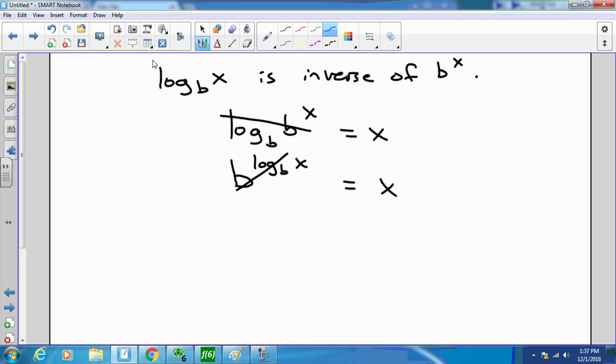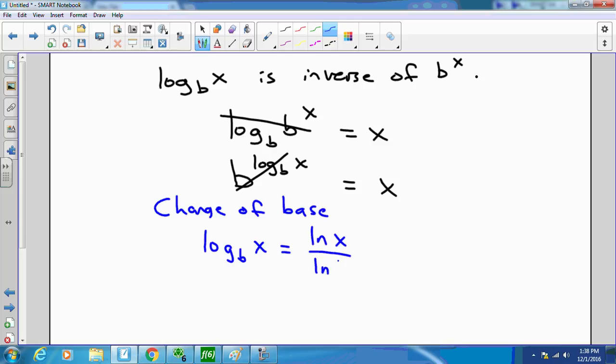But what I would like to do is actually cut to the heart of the matter and argue this: log base b is the inverse of b to the x, but also we might call this a change of base formula. Log base b of x is also the same as the natural log of x, but divided by a stretch factor, the natural log of b.